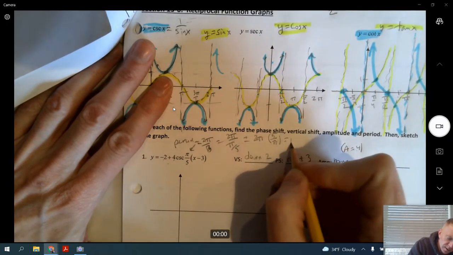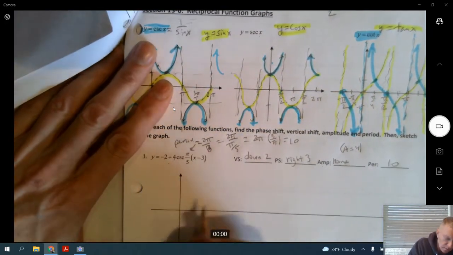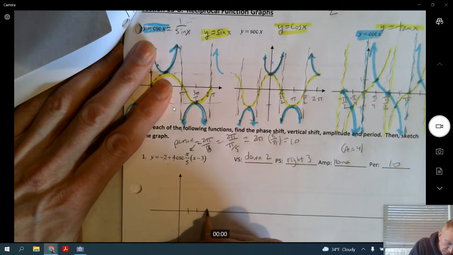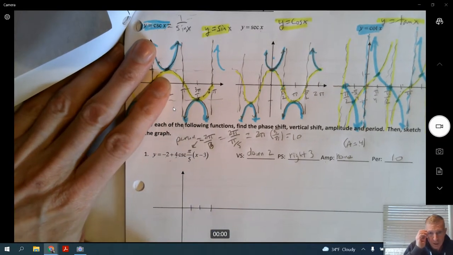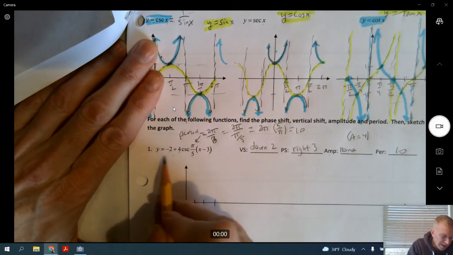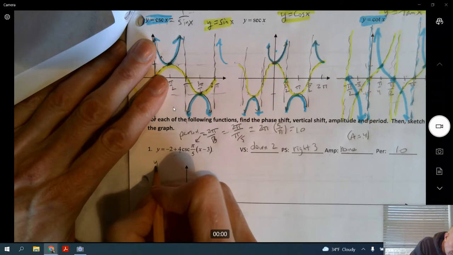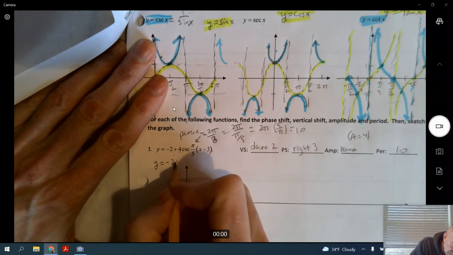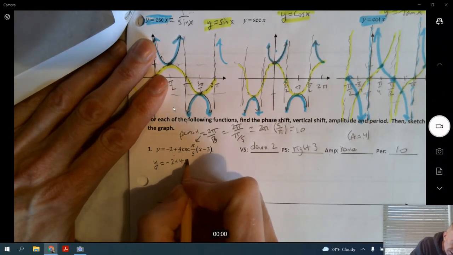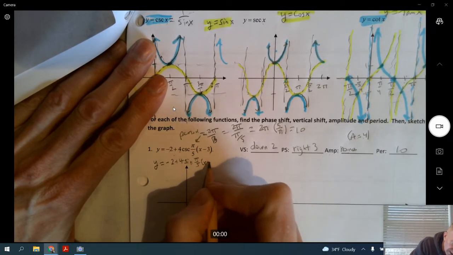Pi's cancel, and you get a period of 10. Okay, so you're shifting 3 to the right. 1, 2, 3. And since it's a cosecant function, we first have to graph this thing as if this were a sine function. So we're going to graph y equals -2 plus 4 sine of pi over 5 times x minus 3.